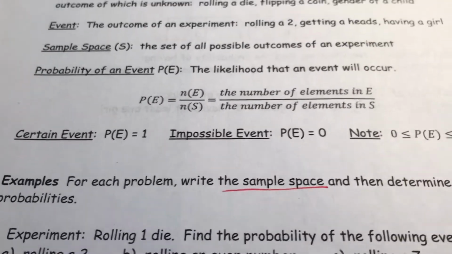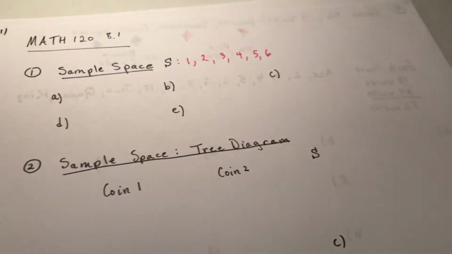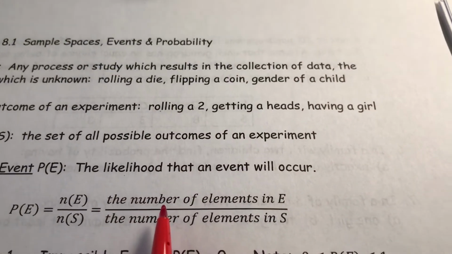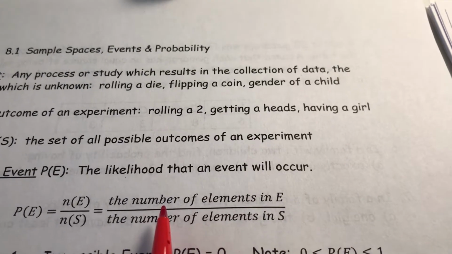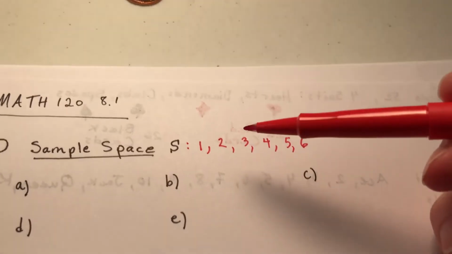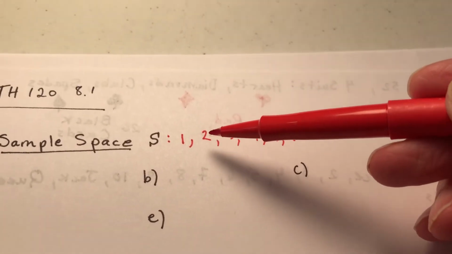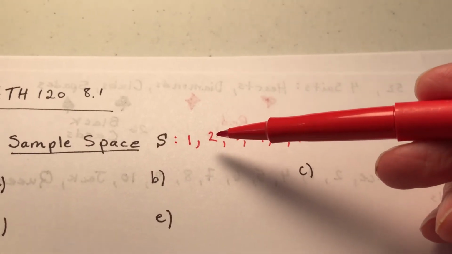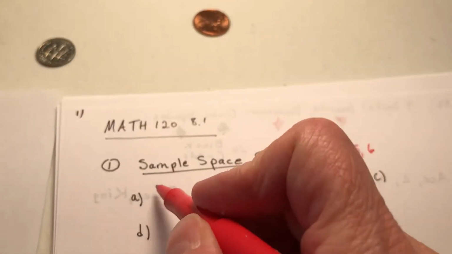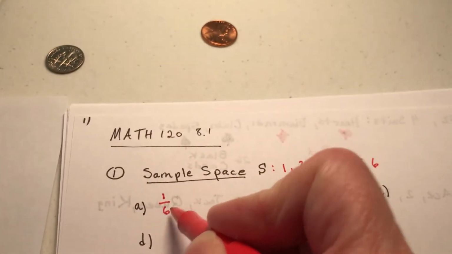So the probability of rolling a 2, we look at the number of times you can roll a 2, which is just one roll, divided by the total number in the sample space. There's only one chance of rolling a 2 on that die out of 6. So the answer to this is 1/6.